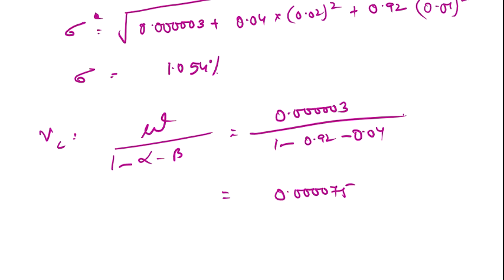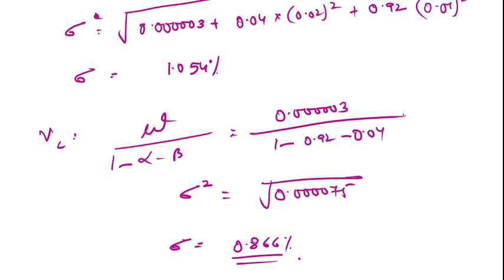Now this is also sigma square, so take the square root. What will be your sigma? It is going to be 0.866%. Clear? So this is your long run value, and this is your sigma n, the recent volatility, and this one is your long run volatility.